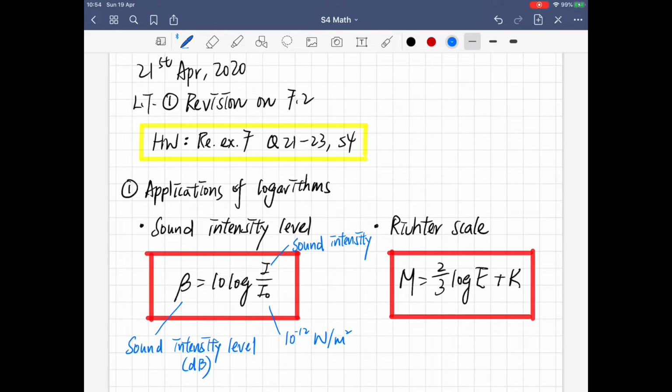Okay? And the second application is the Richter scale, that is for earthquake. So we have the formula of M equals 2 over 3 log E plus K. So for the M, it is the magnitude of the earthquake.